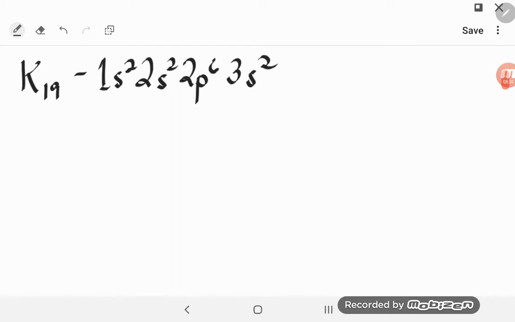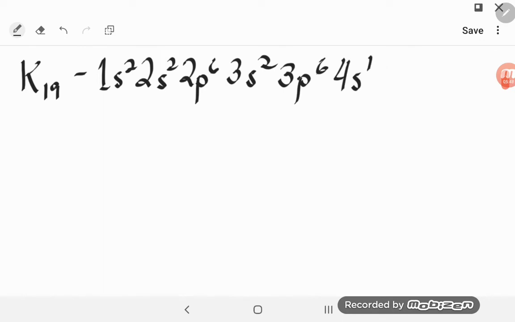We have 1s2, 2s2, 2p6, 3s2, and then 3p6, and then 4s1.